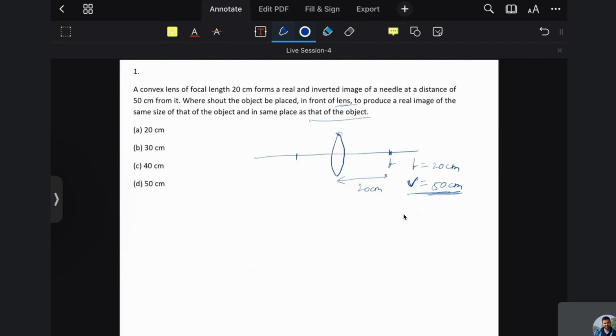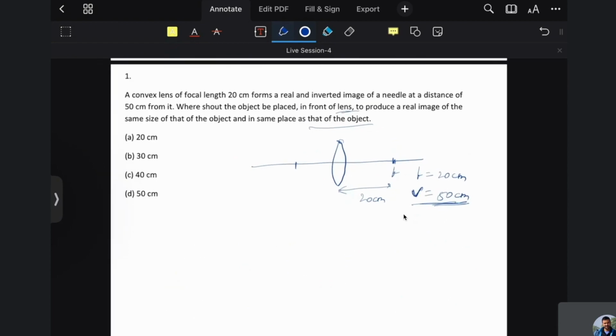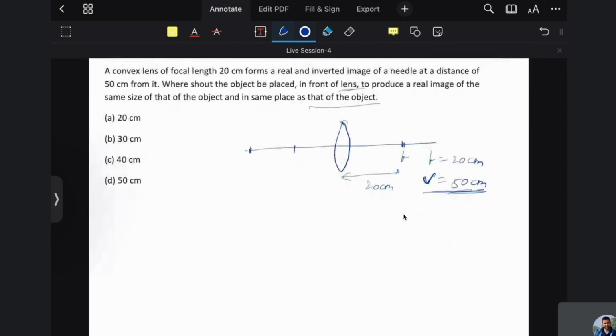So there is a property of convex lenses that if you place an object at 2f distance from the center of the lens, this will produce a real image of the same size and in the same place as that of the object.